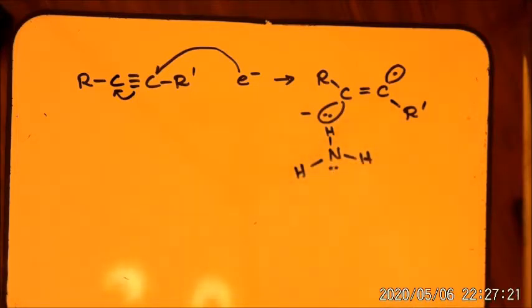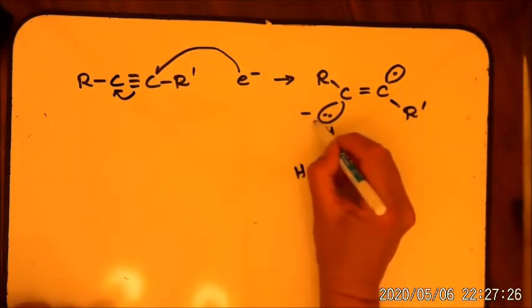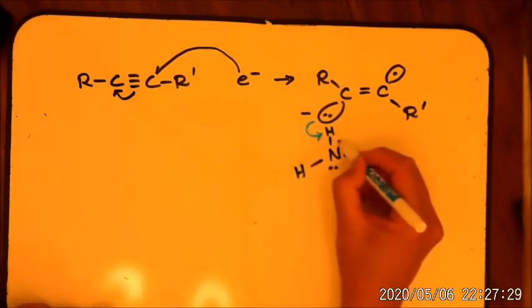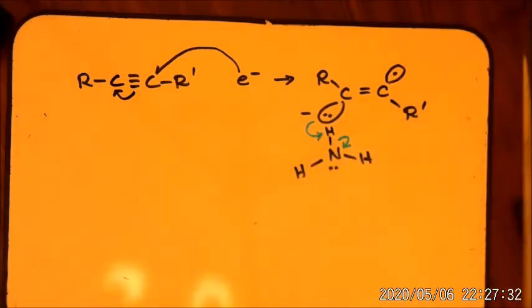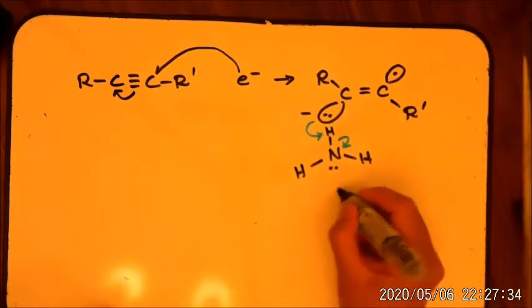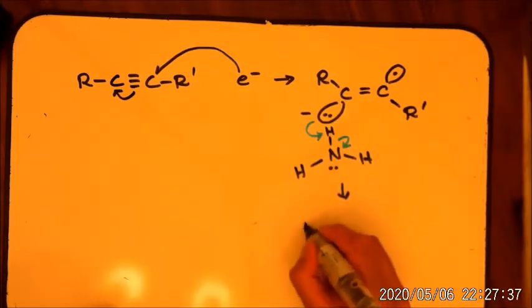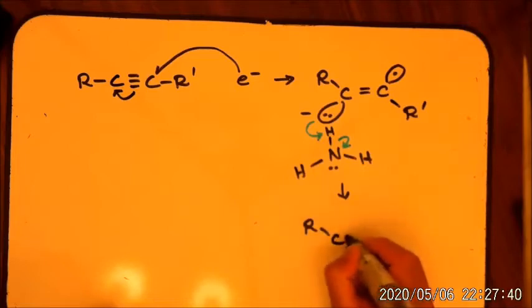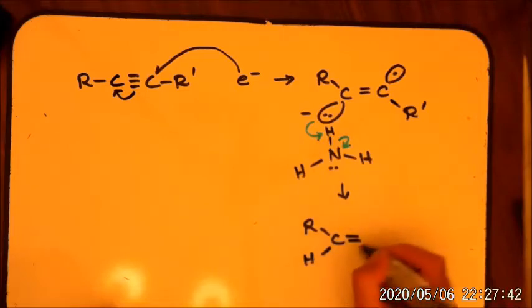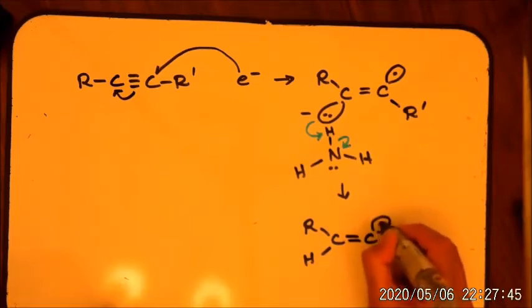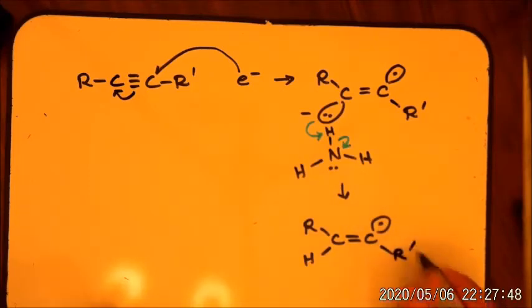So what now happens is this. These electrons grab this hydrogen. So what I get is RC, this radical plus my ion. Now you can see where this is going.